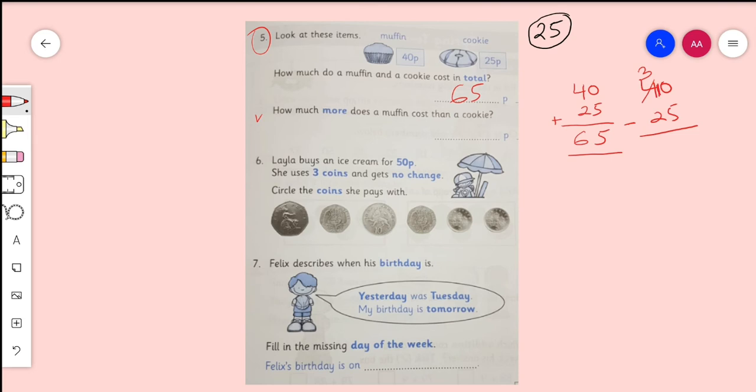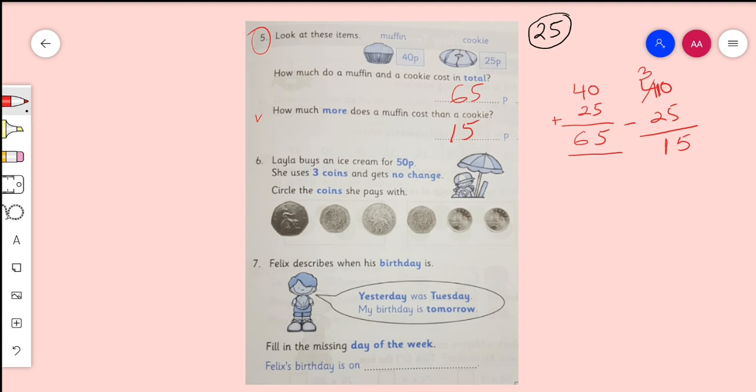The 1 is gone from the 10 area. So 10 take away 5 is 5 and 3 take away 2 is 1, right? So the difference is 15p. So the muffin costs 15p more than the cookie.